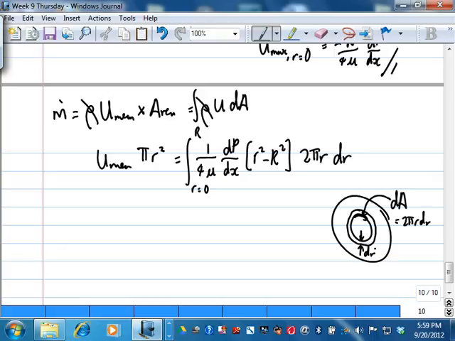So dA, the area of that little ring, is equal to the length of that little ring, 2 pi r, times the thickness dr.